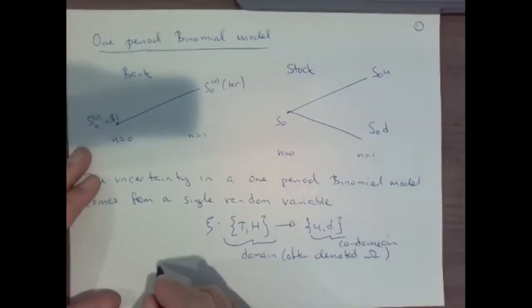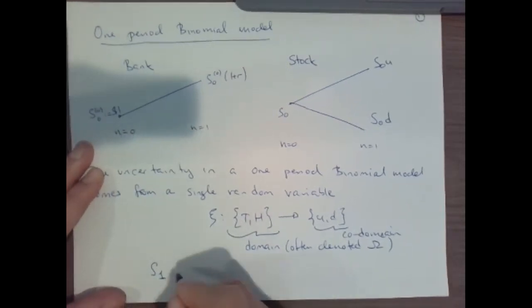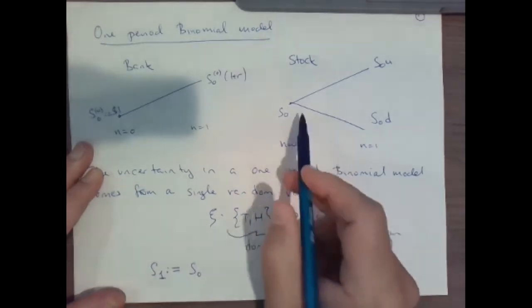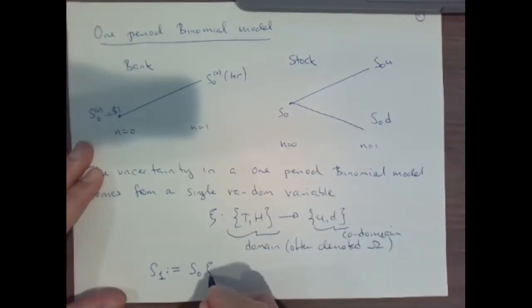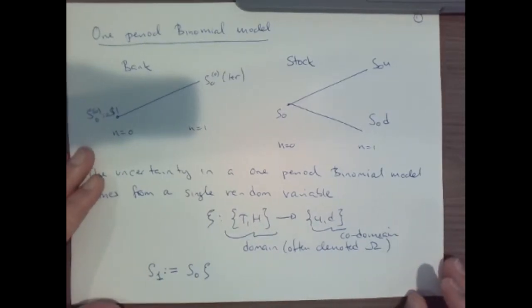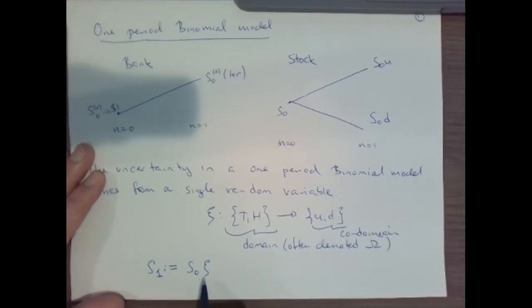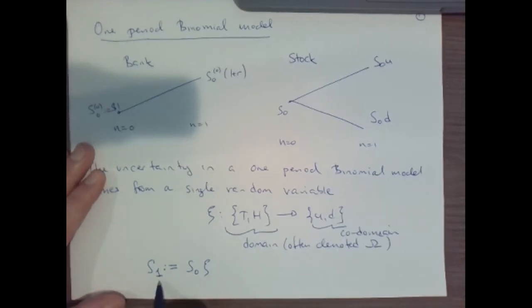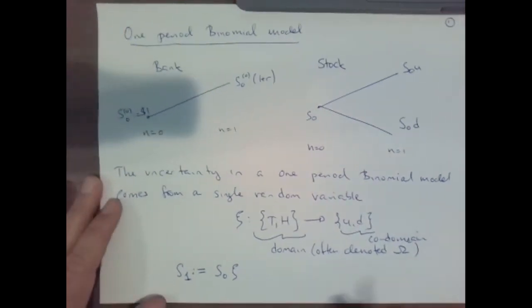So we take S1, our stock price at time 1. This is given by the previous value times this random variable. Because psi is a random variable, so will S of 1 be. When we move into a multi-period binomial model, we're going to have lots of these random variables.